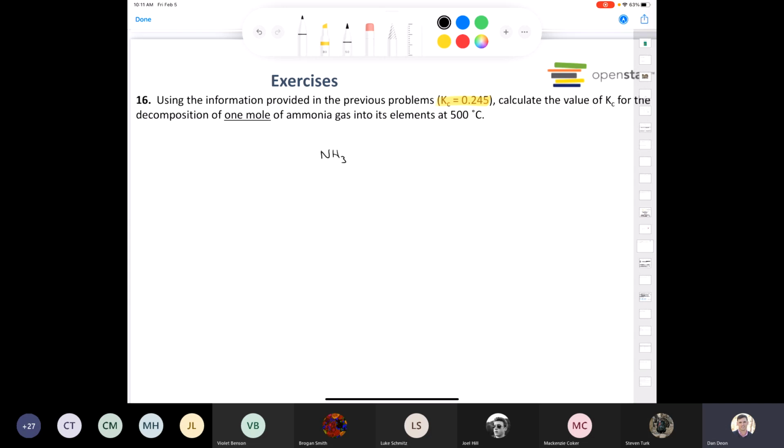So if you form 1 mole of ammonia gas from its elements, you have 3/2 H2 gas plus 1/2 N2 gas, and we said that the Kc for this reaction was 0.245.